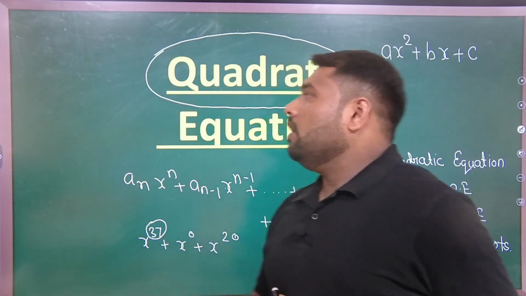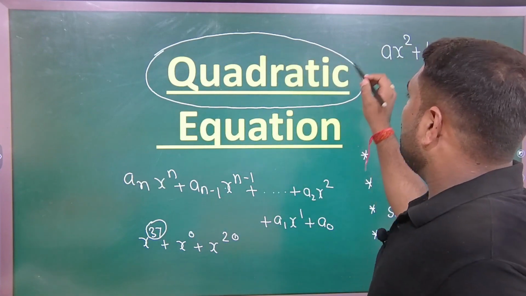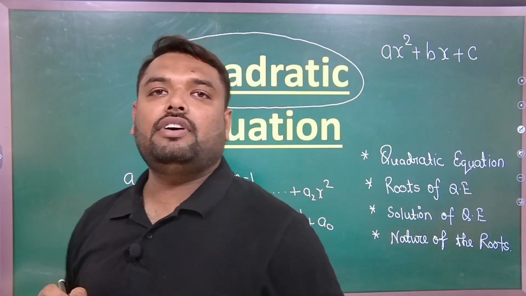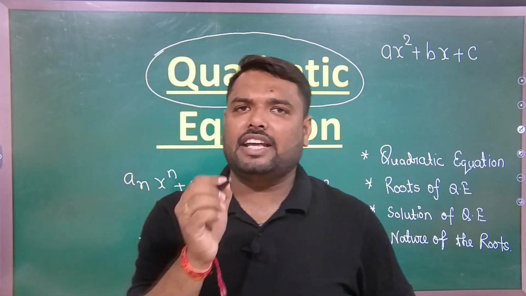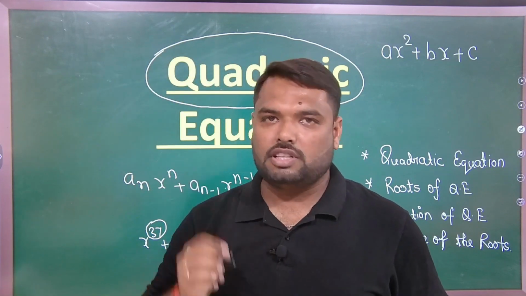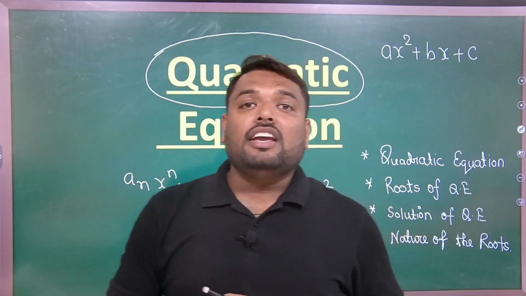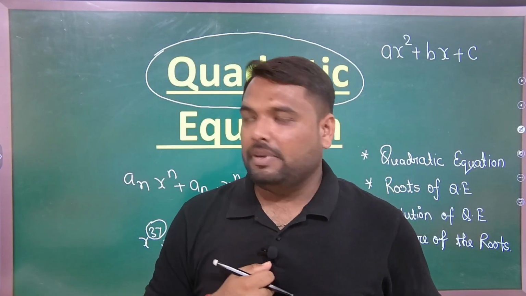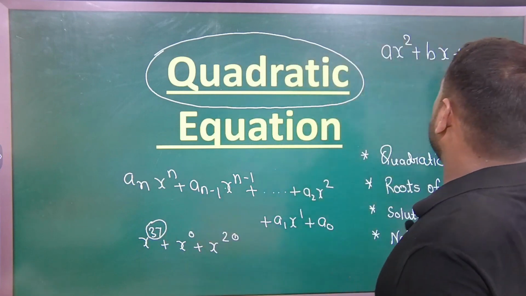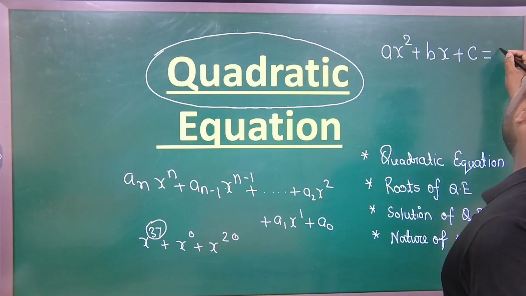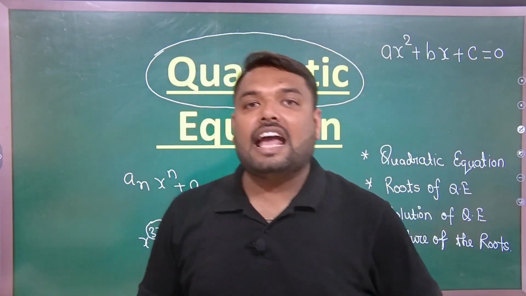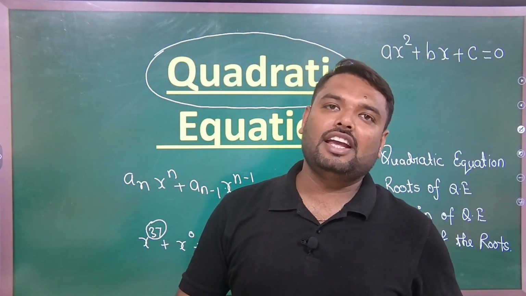Now, what is a polynomial and what is an equation? In a polynomial, you have just an expression in the variable and constants. But in an equation, you have something equal to something. Basically, whenever you are talking about the standard form, it is equal to 0. And whenever you write it as equal to 0, it is called an equation.